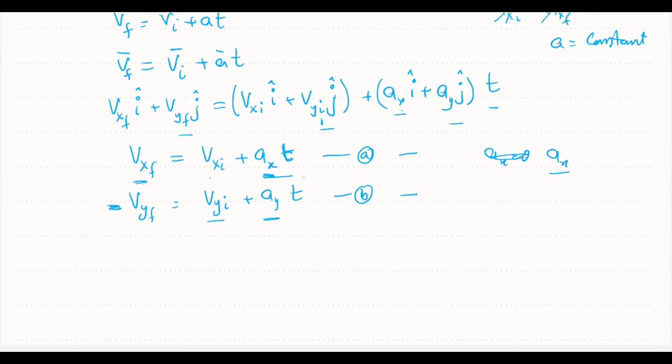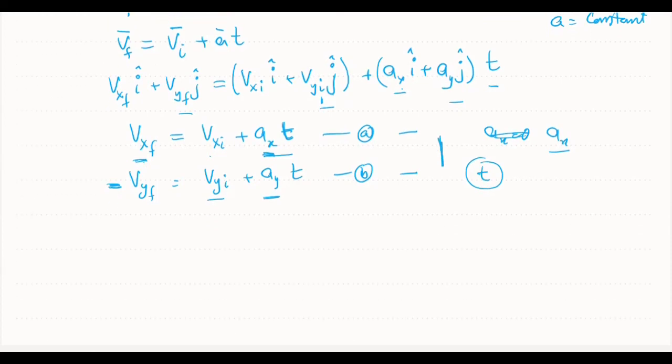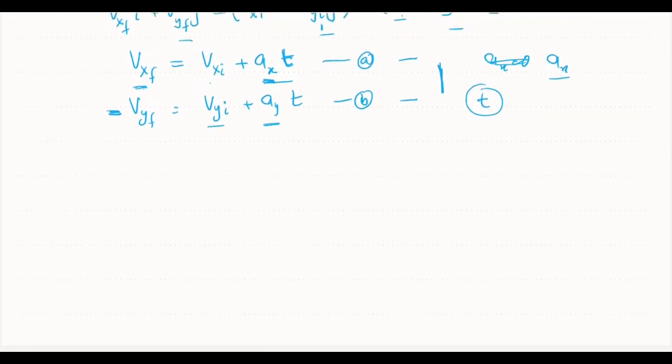So these are two independent equations, but they're coupled together with the time. The time is the thing that's common to both equations. Now with this, we'll write out the other equations, all three of them.